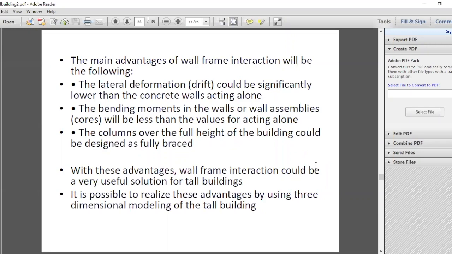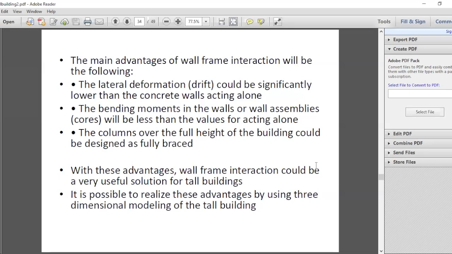Whereas unbraced means there's nobody to restrain the deformation. But in the case of wall frame interaction, if the frame decides to deform, then the wall will say, no, you cannot deform, because it's all connected by the rigid diaphragm.